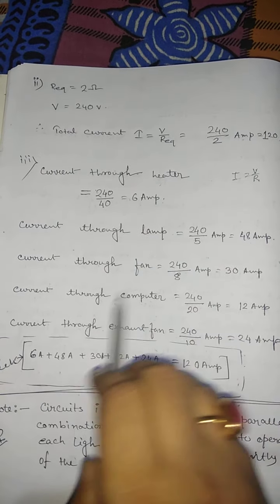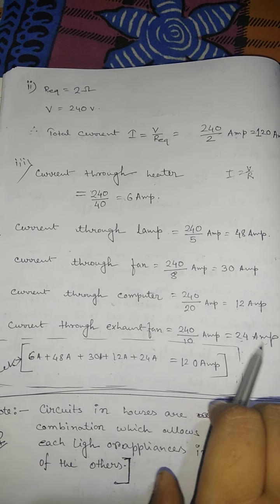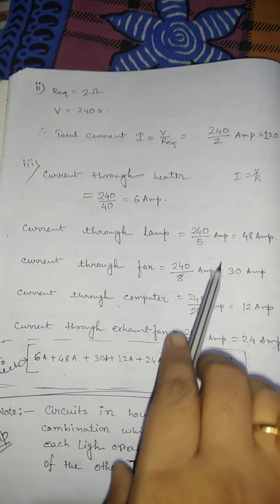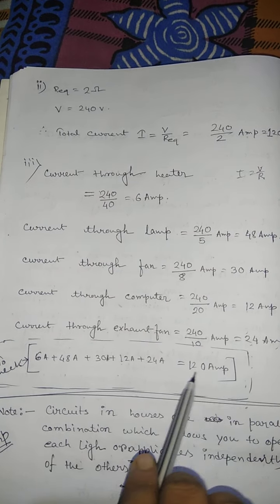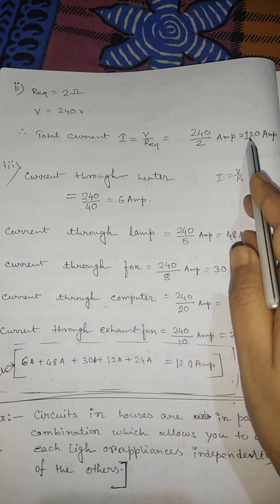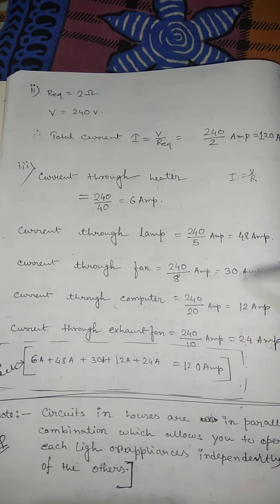Current through the fan 30, computer 12 ohm, exhaust fan 24 ampere. If we add these 5 currents, 6 plus 48 plus 30 plus 12 plus 24, we get 120 ampere, and the total current of the circuit is also 120. So the answer is okay.